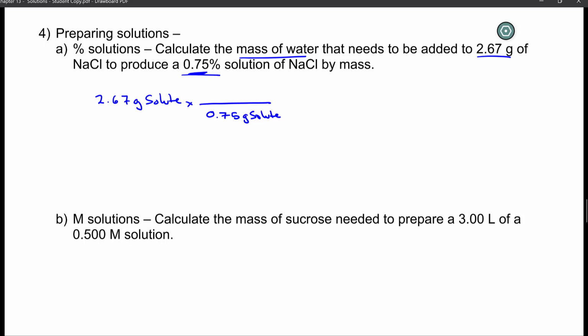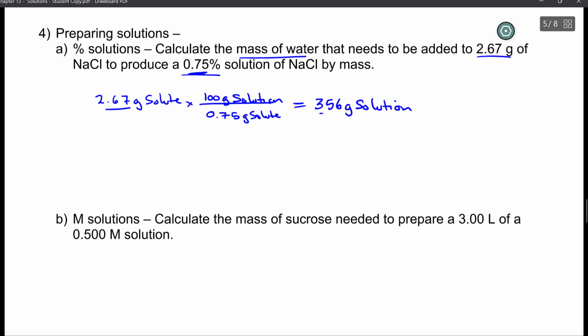And then I have for every 100 grams of solution. So notice this calculation is going to give me grams of solution. So when I do that calculation, it gives me 356 grams of solution.